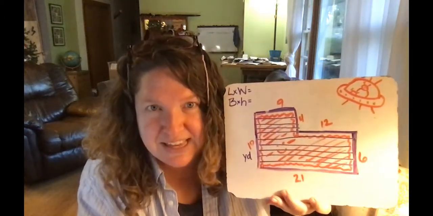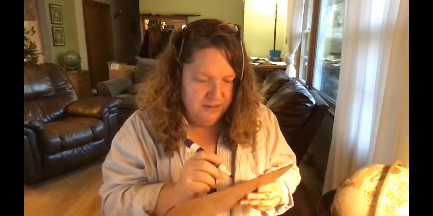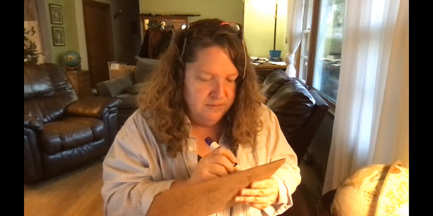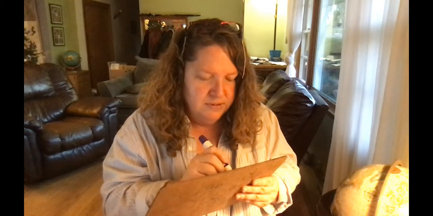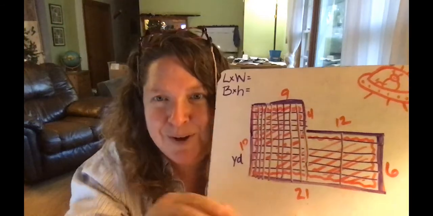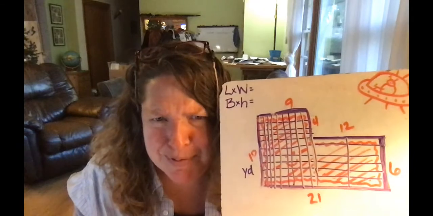So I need to divide that into 9. So again, I'm going to take my thing and draw it in, cut it into 9. All right, there I did. Now, they didn't quite turn out exactly even, but we're going to pretend they're all even.